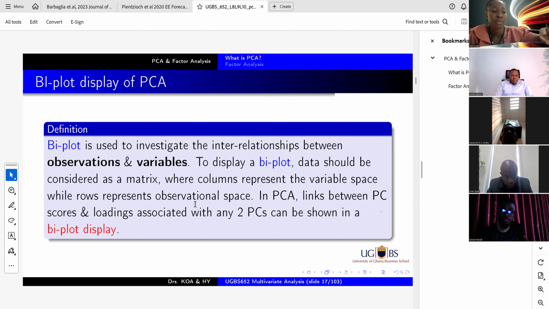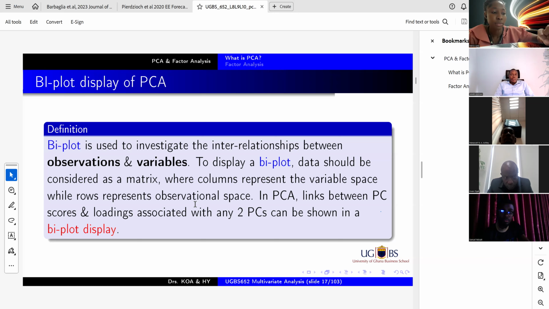So the biplot is used to check the connection between the observations and the variables. Now remember, it displays the data set as a matrix where the columns represent the variable space, whilst the rows represent the observation space. So as you go down the rows, we are talking about the observations. As you go down the columns, you are talking about the variables.